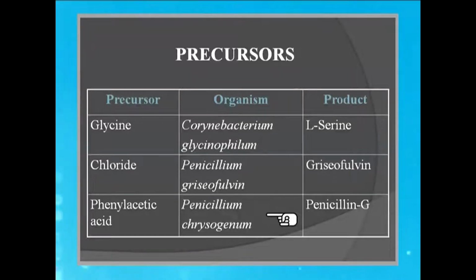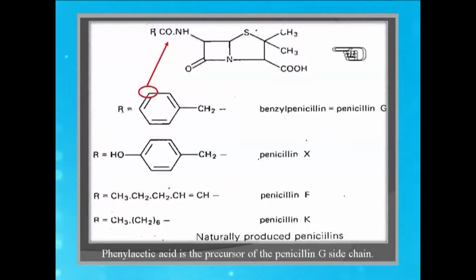Let us see what happens. Basically, this is the structure of penicillin where R can be replaced, and if we replace R, this structure is called 6-amino penicillinic acid. Most microorganisms, that is the Penicillium species, produce these in several combinations.